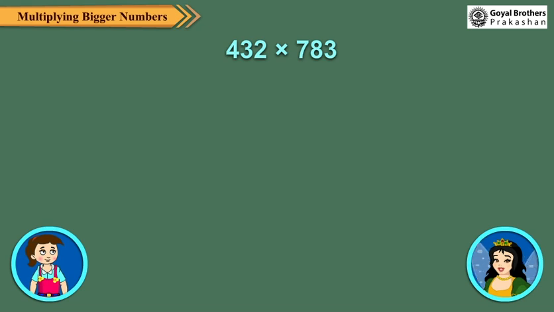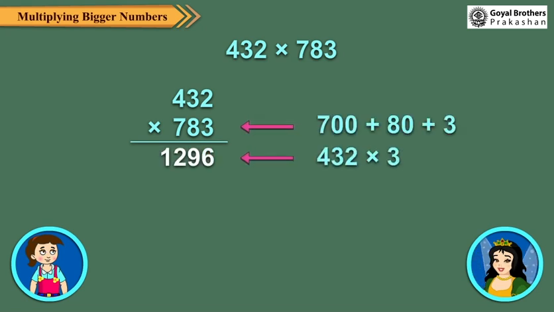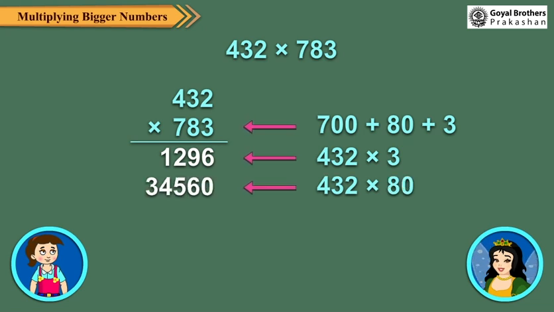In the same way, we multiply a 3-digit number by a 3-digit number. Consider 432 multiplied by 783. As usual, we arrange the numbers as shown. Multiply 432 by 3 and write the partial product as shown.